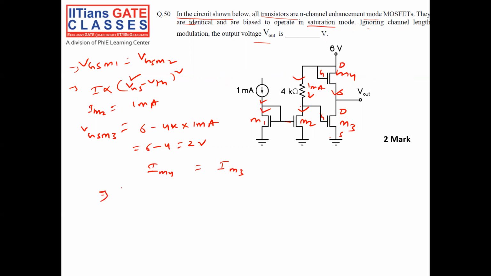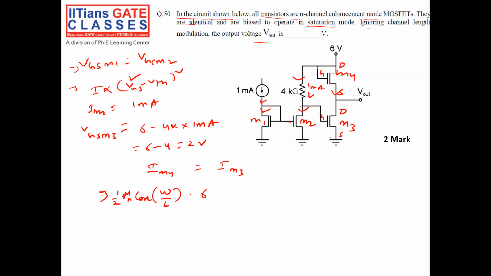This implies half mu n COX W by L of M4, since all transistors are identical, so W by L I am taking, into (VGS minus VT) whole square. What is VGS, guys? VGS is 6 volt minus V out.